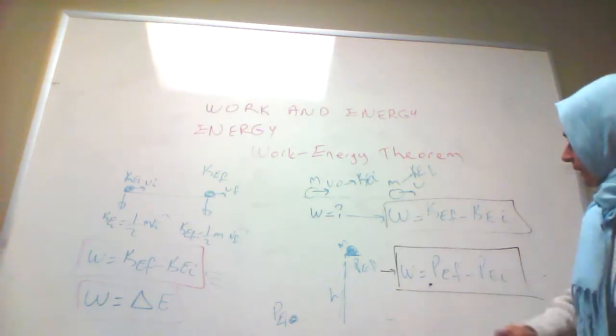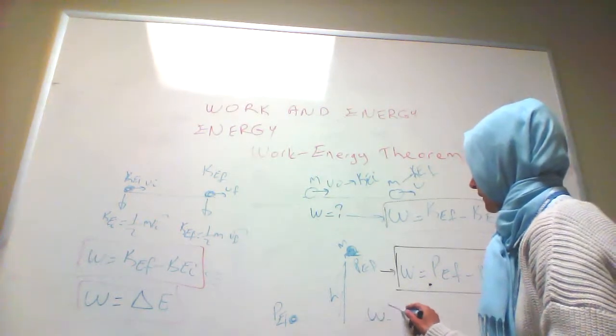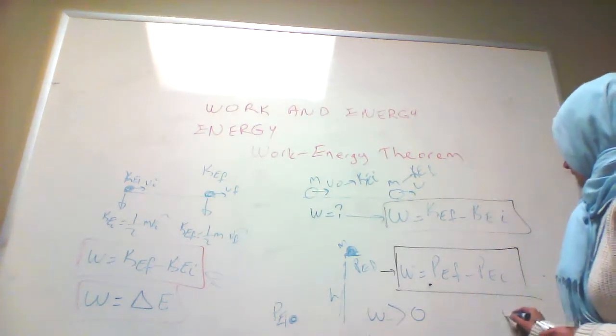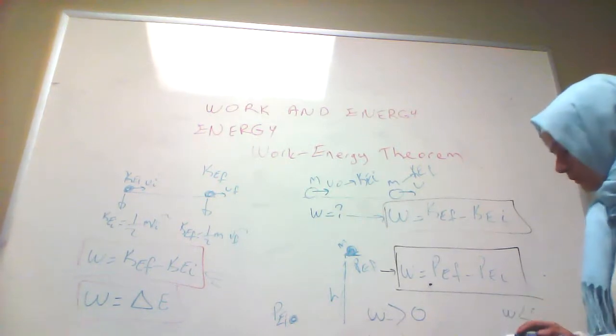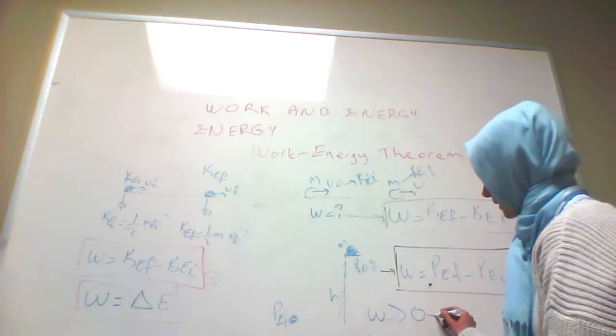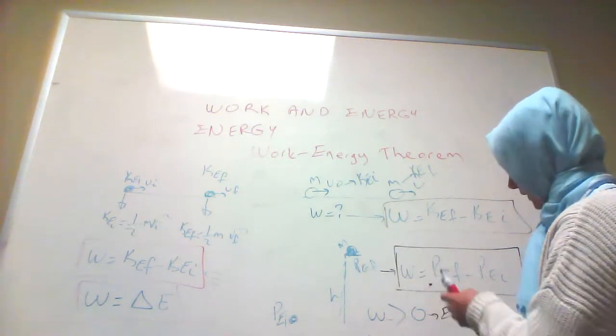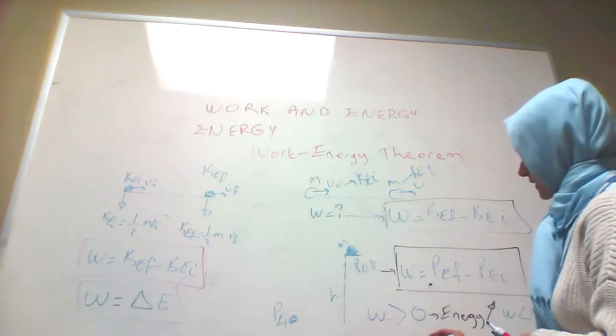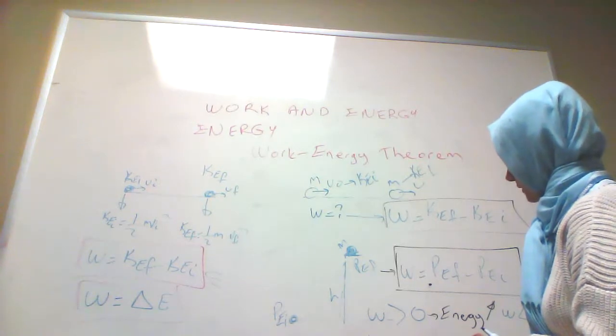And don't forget again, work done could be bigger than 0, could be equal to 0, could be smaller than 0. If it's bigger than 0, that means energy, kinetic or potential energy, is increasing. If it's 0, that means energy is constant.